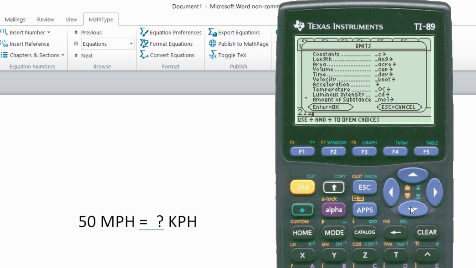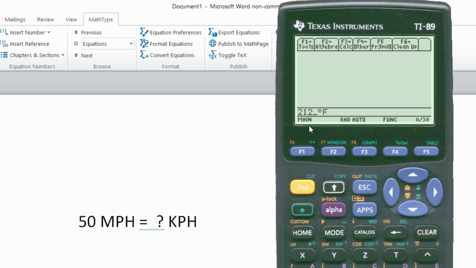Now I'm looking at temperature, so I go down to that category. Okay, so go to the right here, and then Fahrenheit. Hit enter. So now I have it, 212 degrees Fahrenheit. I want it in centigrade.